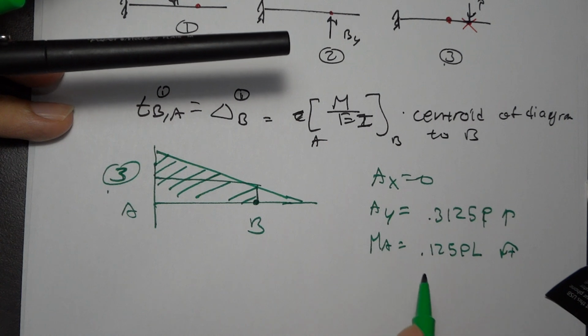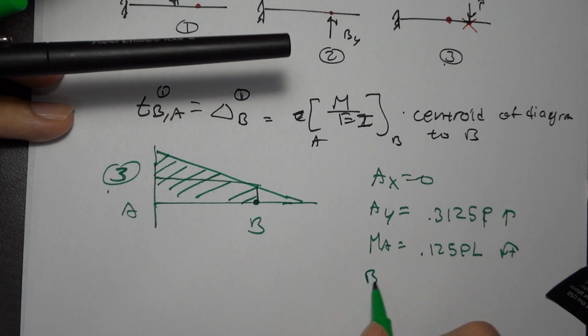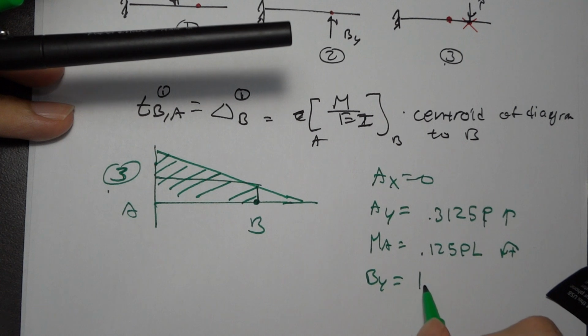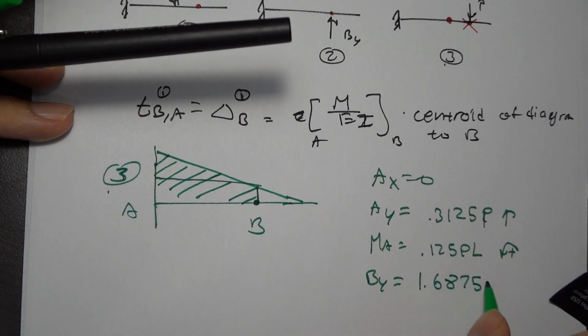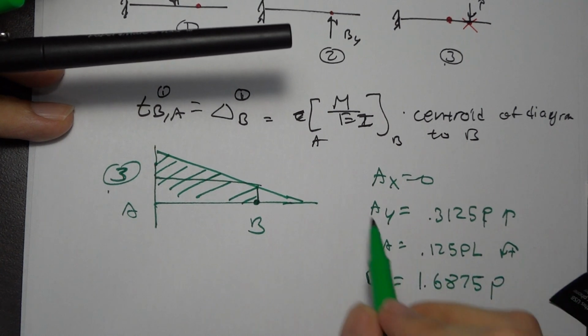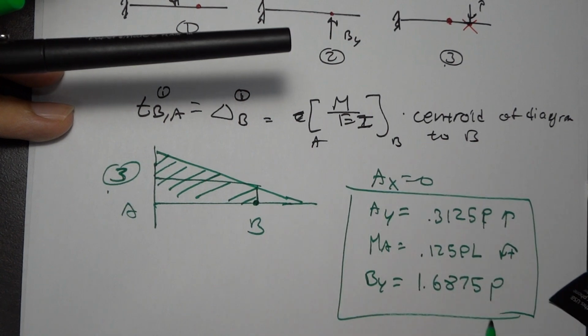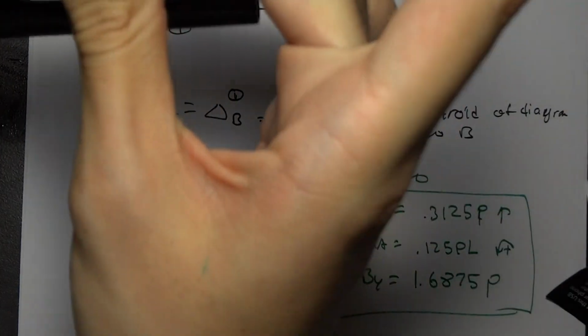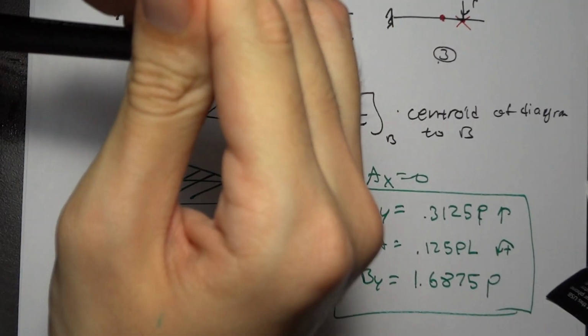And I got BY equals 1.6875 P. So let us know if you have any questions. Let me know if you guys get different results.